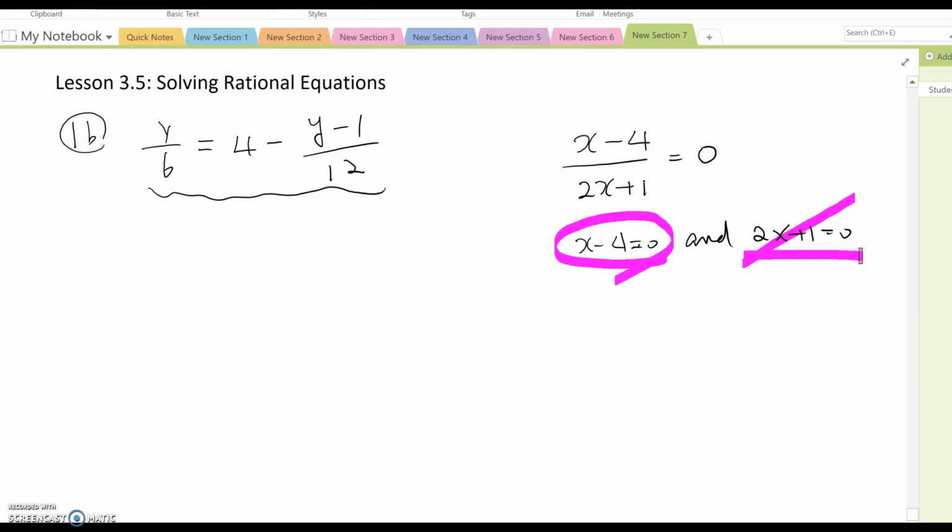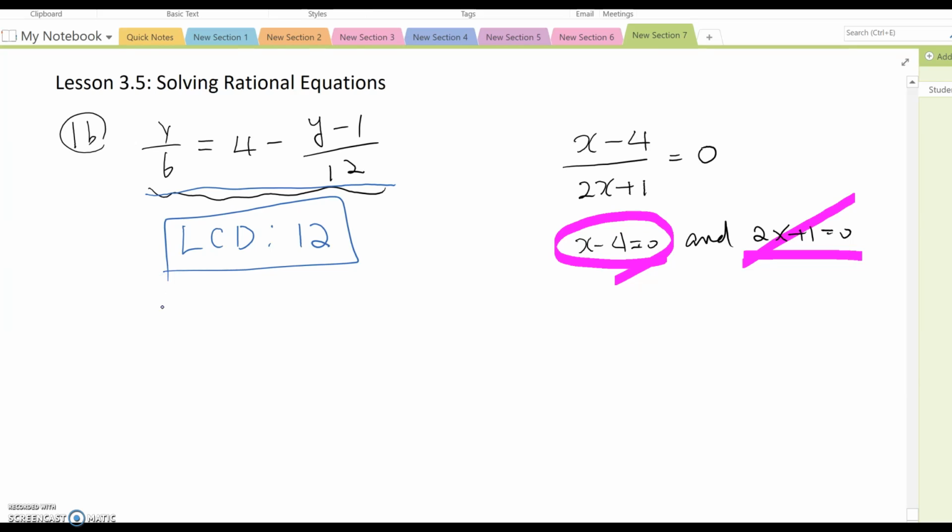So in this case, finding the denominator, in other words, means multiplying the LCD to each fraction form. So in this question, what is the LCD? The 12, right?